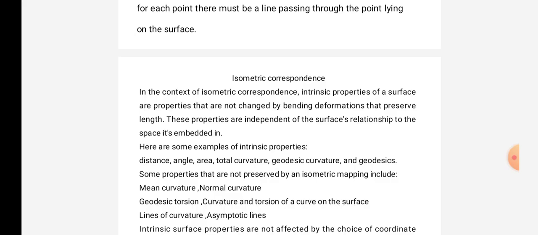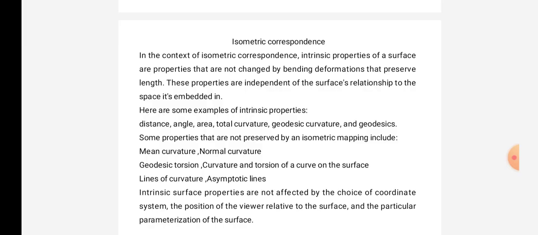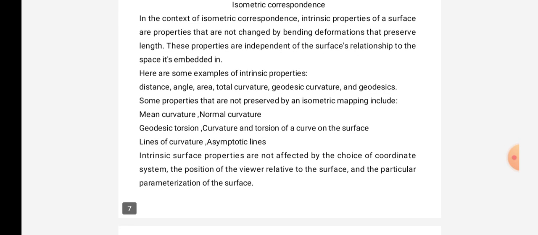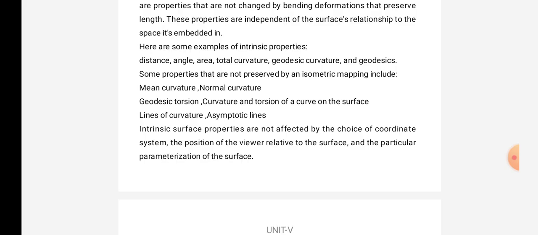Isometric correspondence. In the context of isometric correspondence, inelastic properties of a surface are properties that are not changed by bending deformation that preserves length. These properties are independent of the surface's relationship to the space it's embedded in. Examples of inelastic properties: distance, angle, area, total curvature, geodesic curvature, and geodesics.